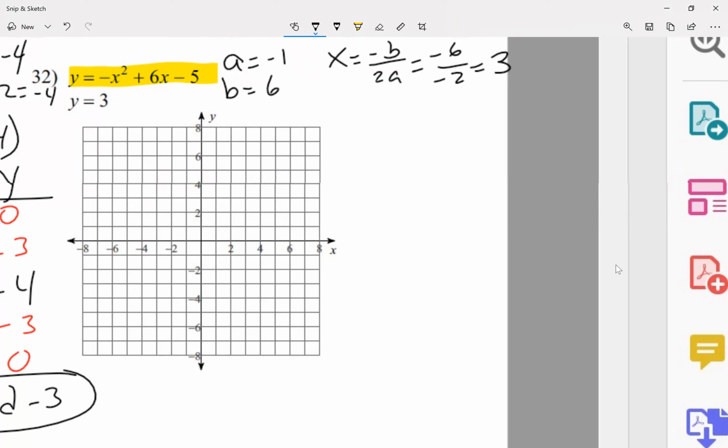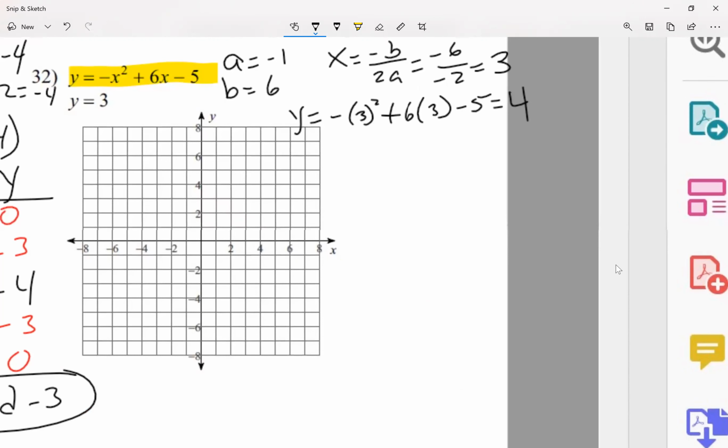For my y value, I'm going to go negative 3 squared, so the negative has nothing to do with my square, plus 6 times 3 minus 5. So I have negative 9 plus 18 minus 5, which is 4. So my vertex is the point (3, 4).